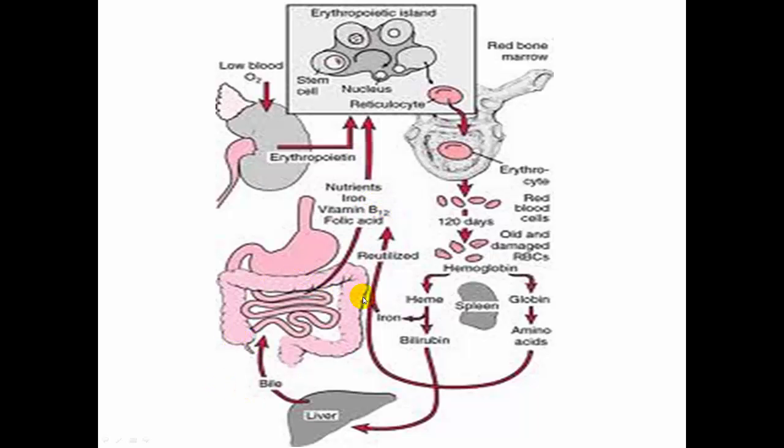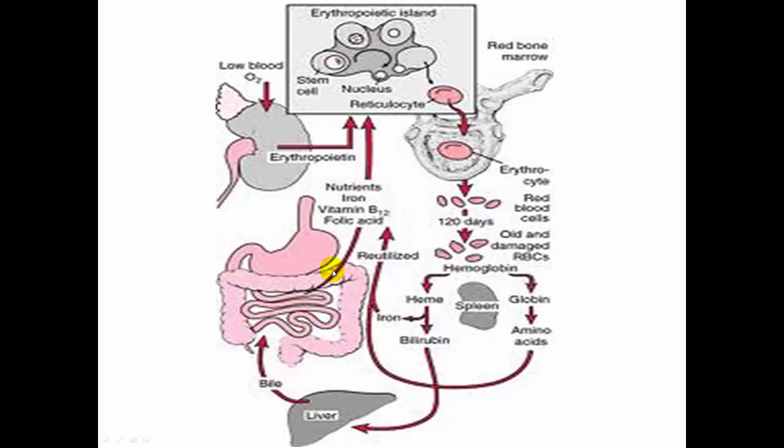So what else does this tell us? Well, if we could back up a little bit, we need iron and we need proteins in order to make red blood cells. And we need erythropoietin to stimulate red blood cell production.